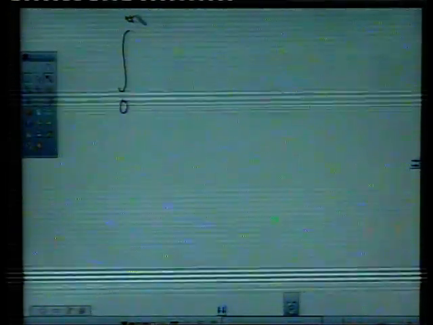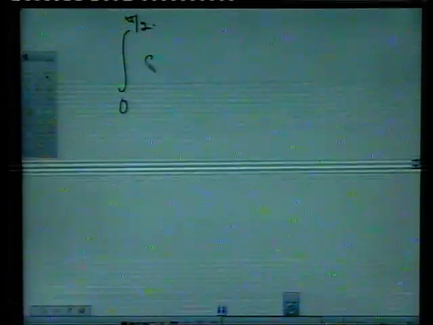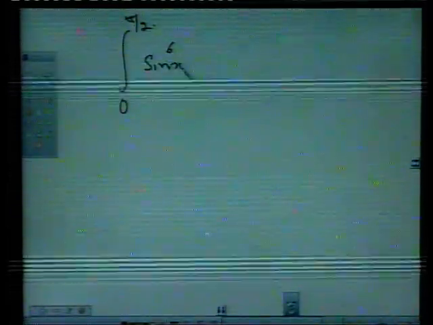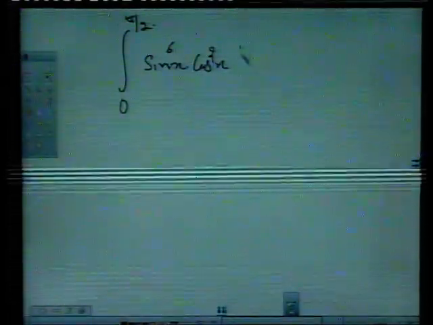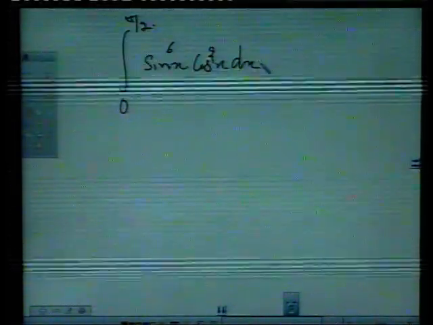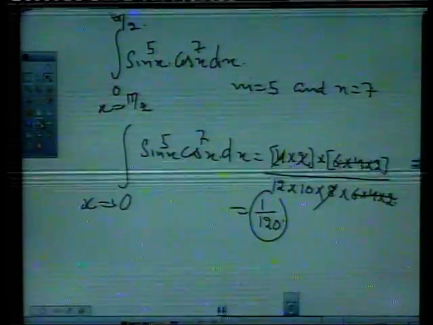Now next, evaluate zero to pi by 2. Lower limit is 0, upper limit is pi by 2. Sine x raised to power 6 cos square x dx. Right. Now again compare this with the standard formula.